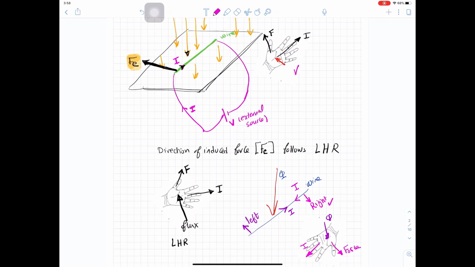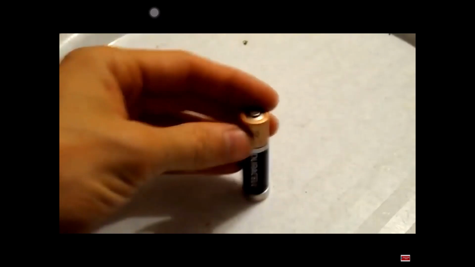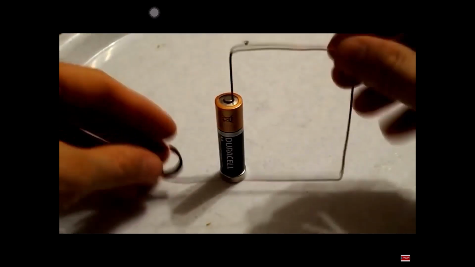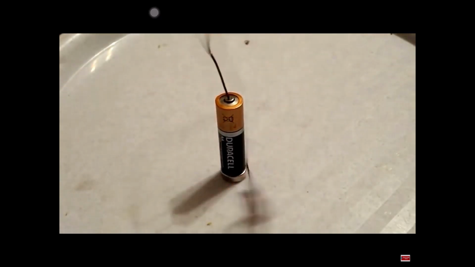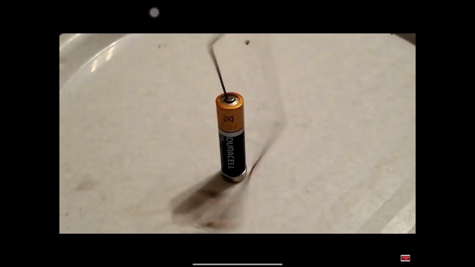I will show you a video to prove that this is the main idea for motors. So let's bring this video here to see the basic idea for motors. What we have here, the silver part is the magnet. Then we have a battery and we have a wire.